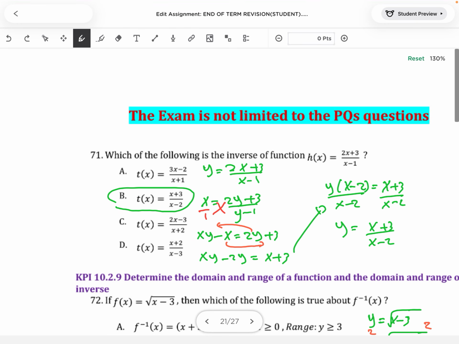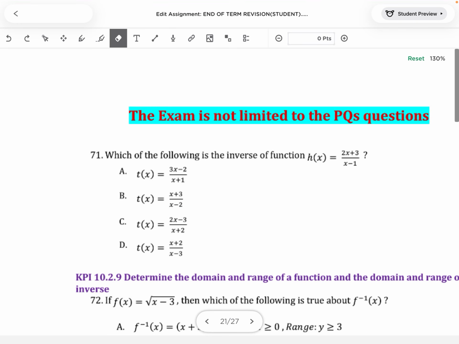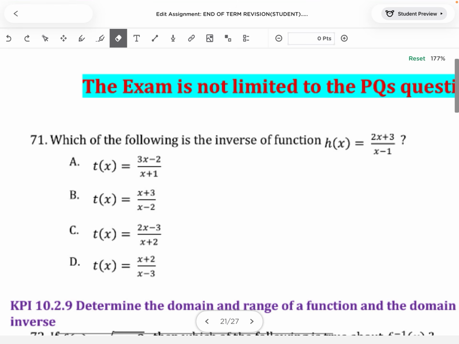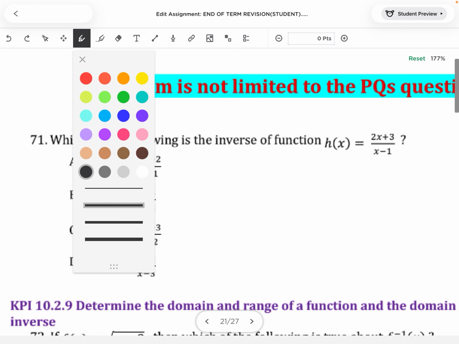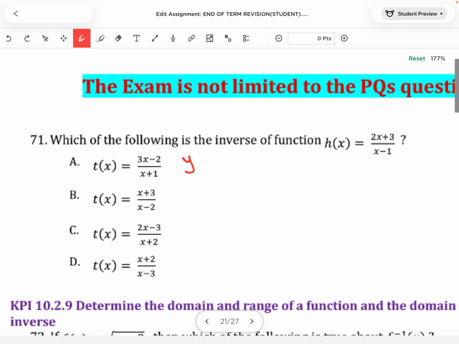Next question. Find the inverse, same story. y equals 2x plus 3 over x minus 1. Interchange. x equals 2y plus 3 over y minus 1.